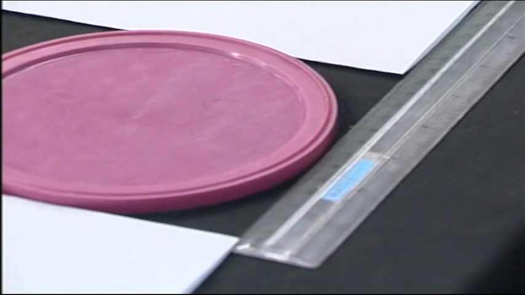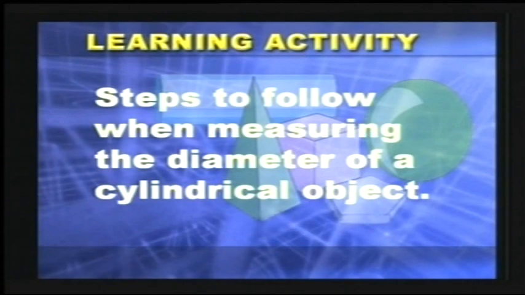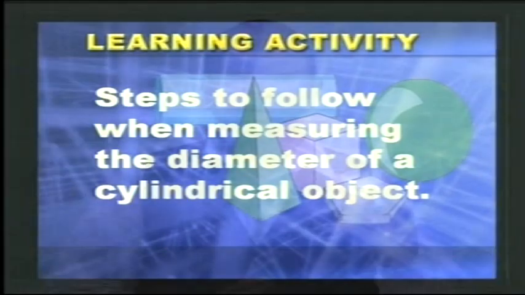Okay, the next step, we are going to measure the diameter of the cylindrical object. So if you have a can or a bottle or cup, you should be ready to use that to find the diameter now. Year 7s and receiving students, you have to listen carefully to this instruction because measuring a cylindrical object might be quite difficult.